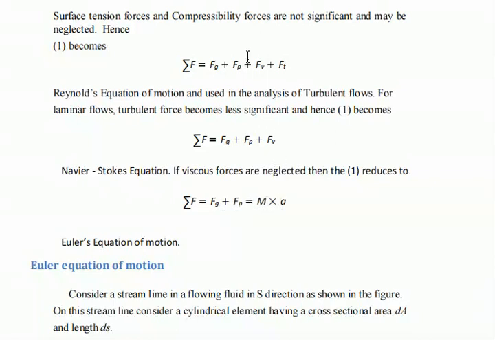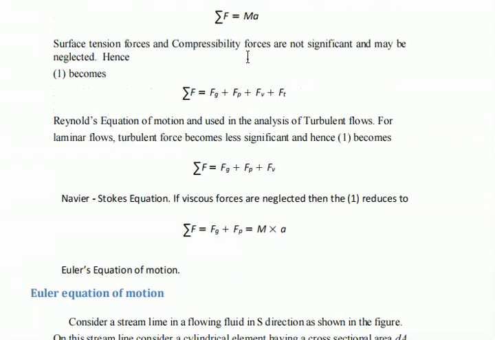Here, summation of F is equal to Ma, where summation of F is Fg plus Fp. If you neglect the turbulent forces, it is the Reynolds equation for laminar flow, and if you neglect the viscous forces, it becomes the Navier-Stokes equation, that is, summation of F equal to Fg plus Fp equal to m into a, mass into acceleration.